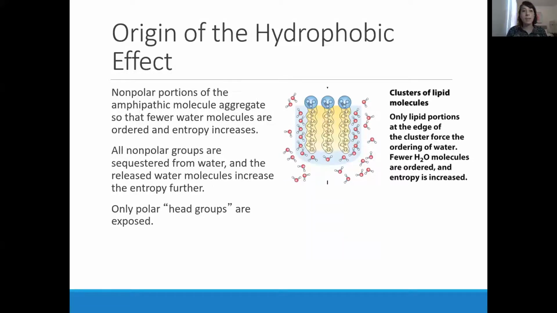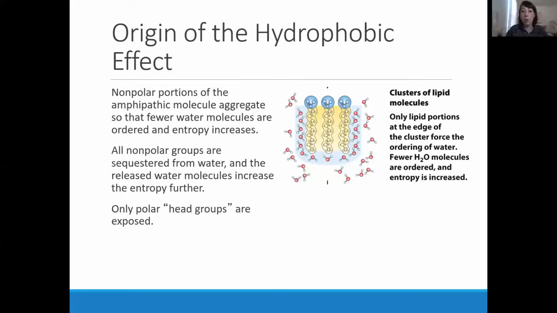Now, if these nonpolar portions were to aggregate, cluster together, fewer water molecules are now actually ordered. Now, there are still some, those ones that surround the outside have to be ordered. They can't interact exactly, and they're kind of stuck in this ordered position.